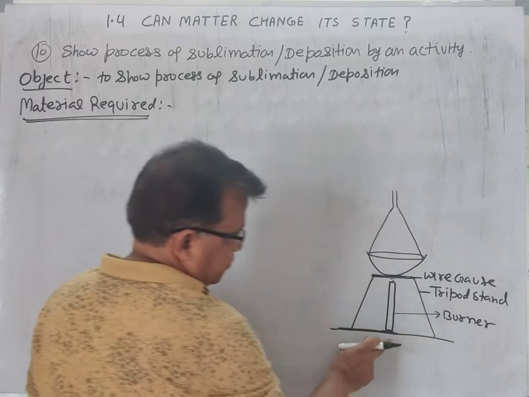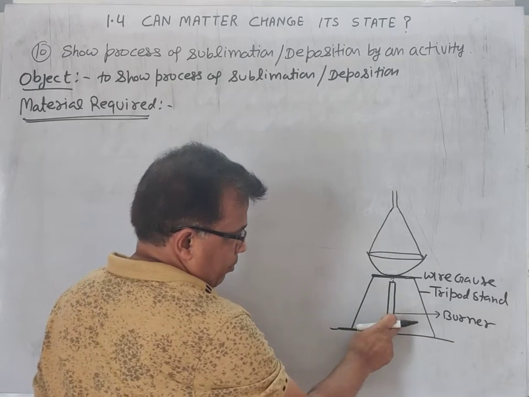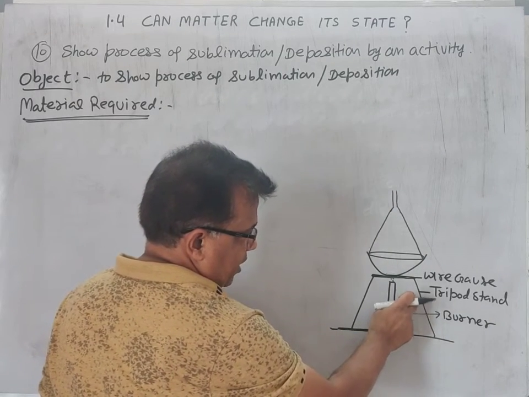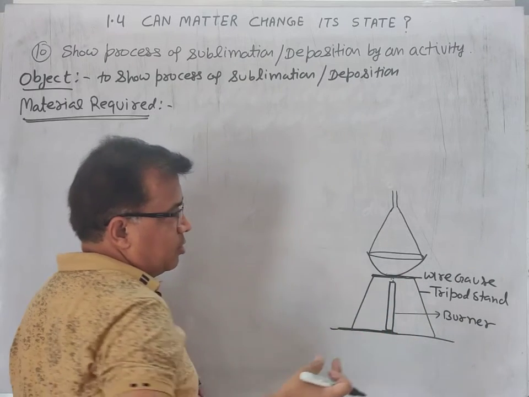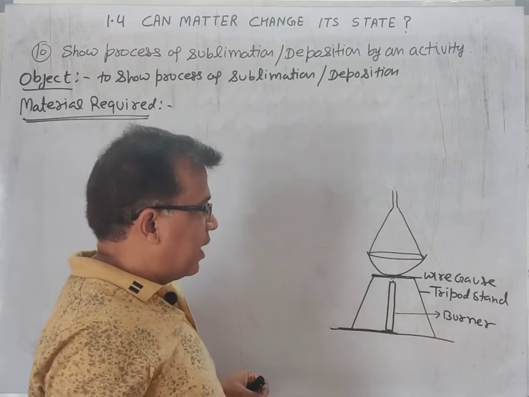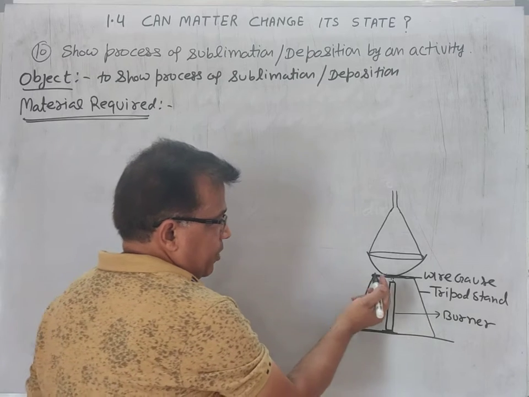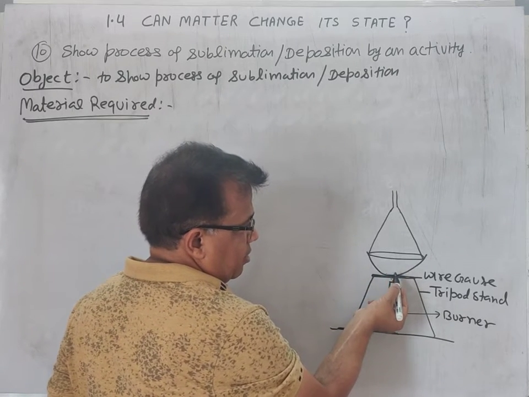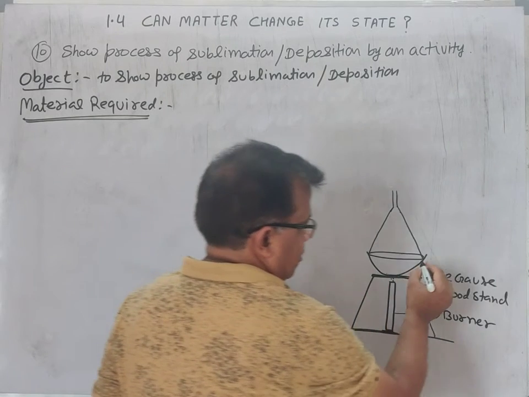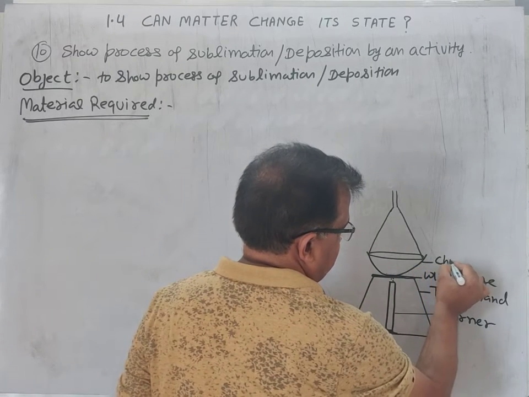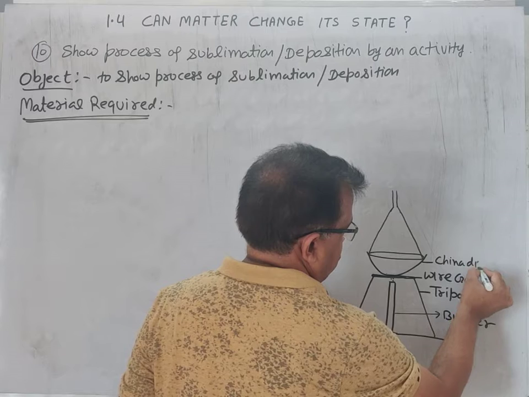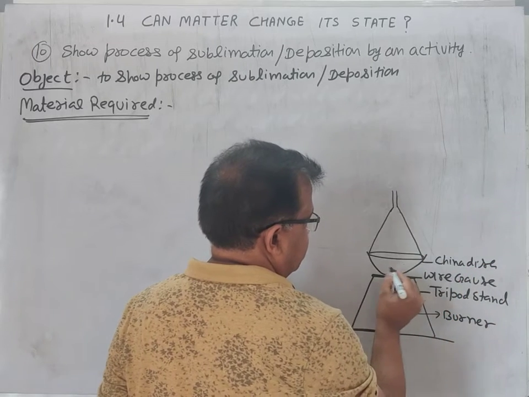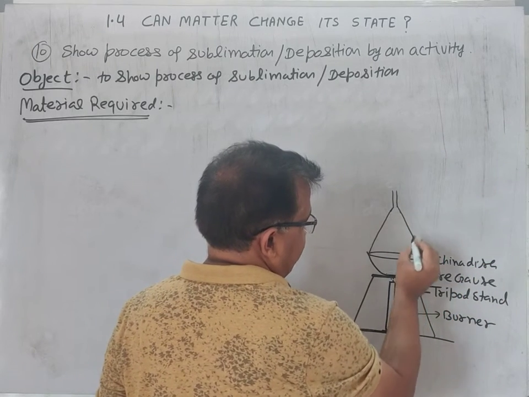It is diagram: burner, tripod stand, wire gauze made up of iron, and it prevents direct heat on the container. It is china dish. Here it is funnel, inverted funnel.